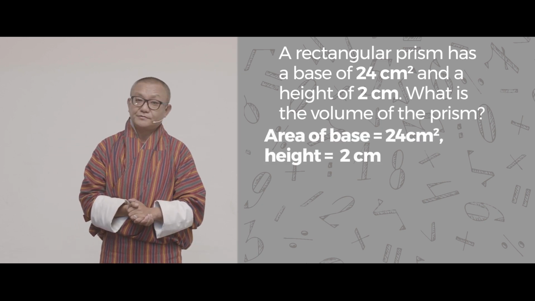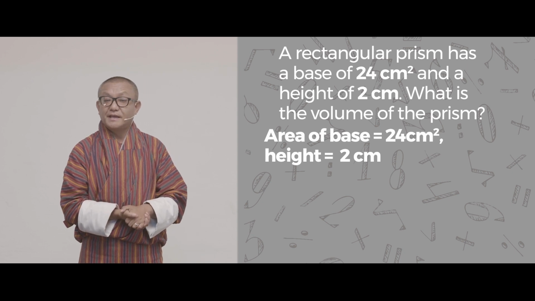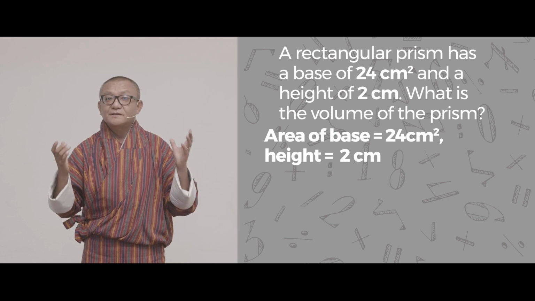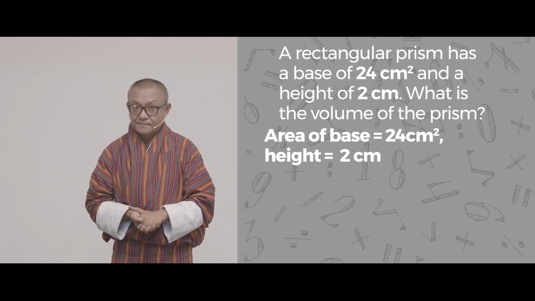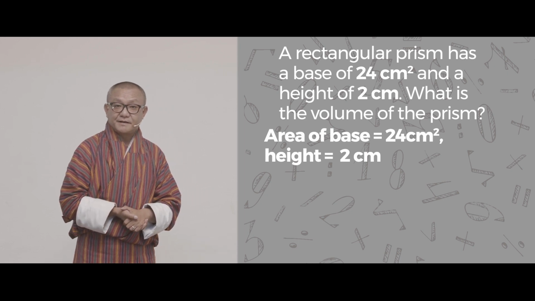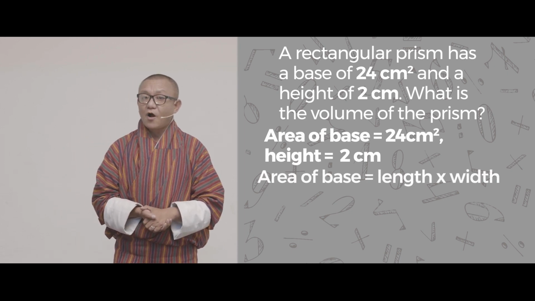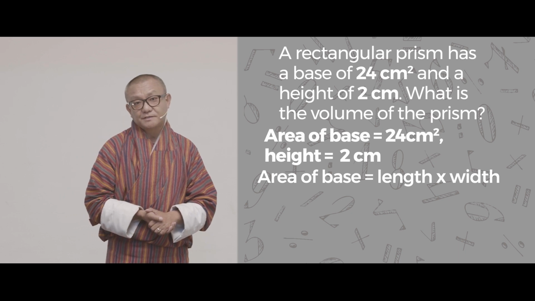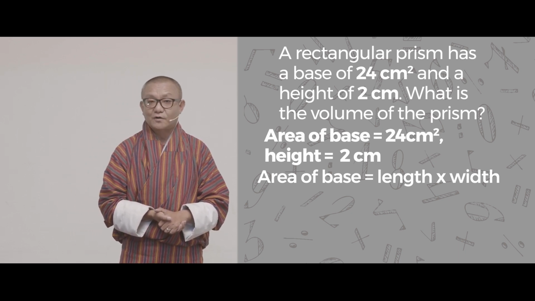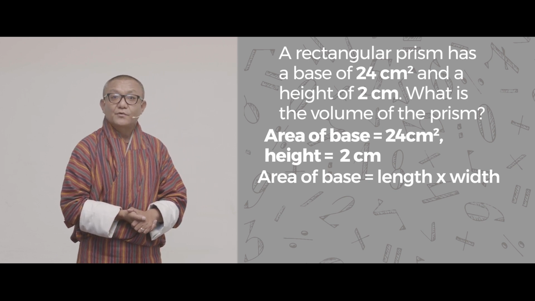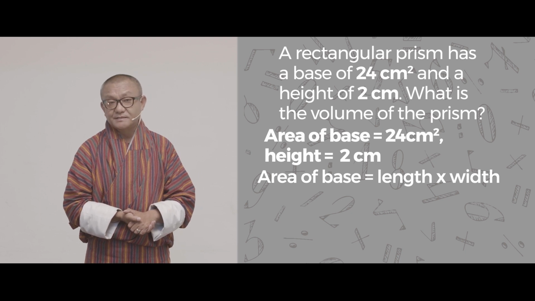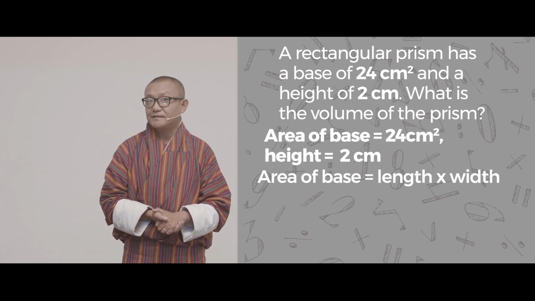Here you might be wondering that area is given, and how about the two dimensions? Don't worry. As we have discussed earlier, area of the base is the product of length and breadth, or length and width. So the length and width is already embedded in the area.